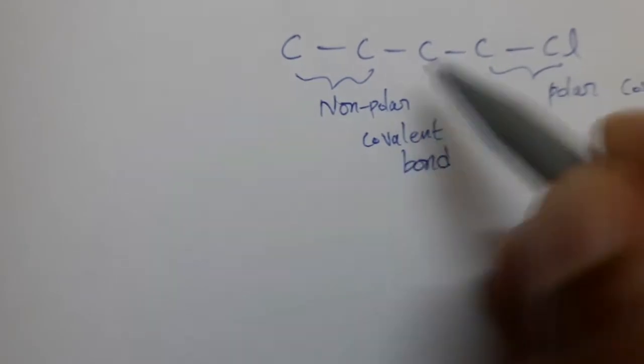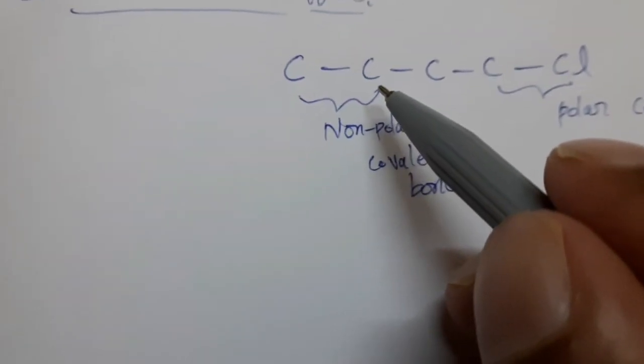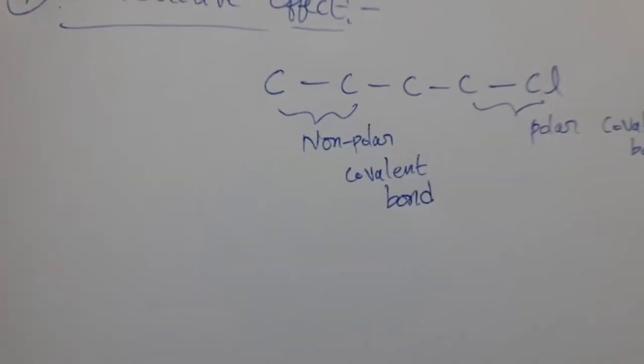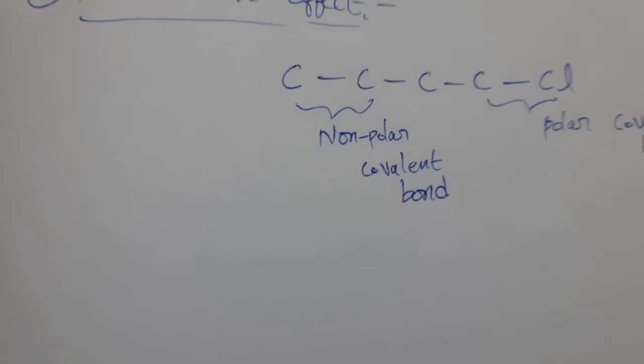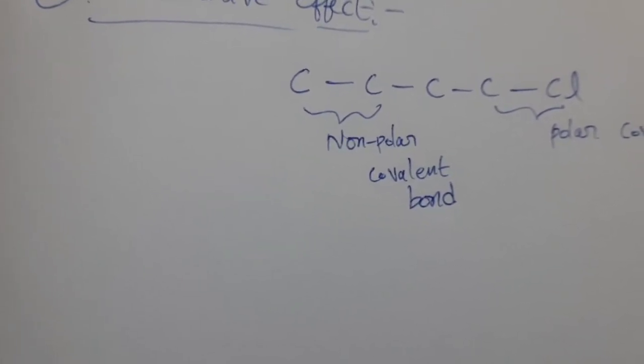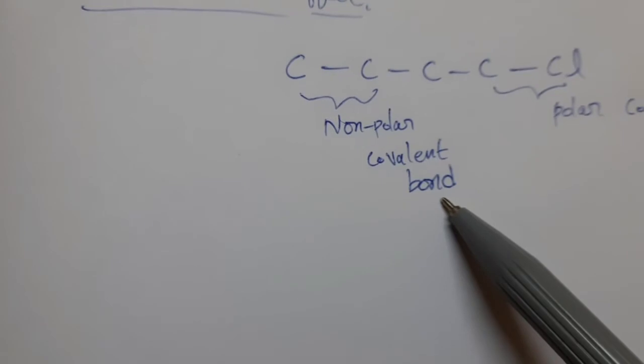Non-polar covalent bond means a covalent bond formed between two similar atoms. Here no charges are developed on the bonding atoms because both the atoms belong to the same element. That's why this type of covalent bond is called a non-polar covalent bond.